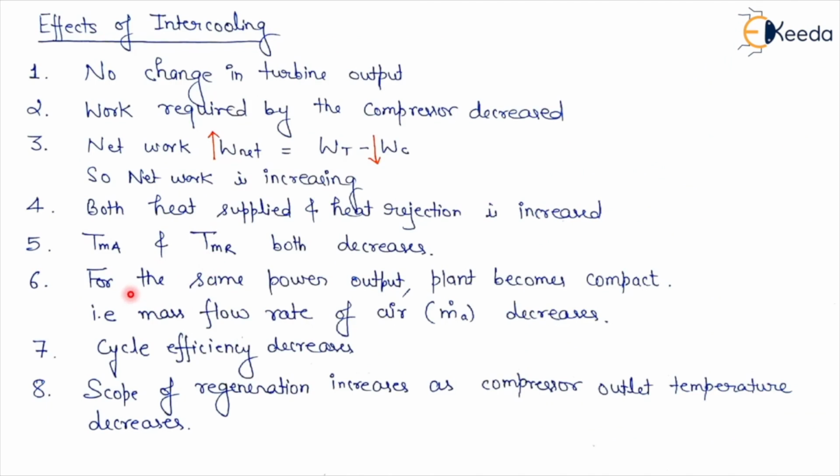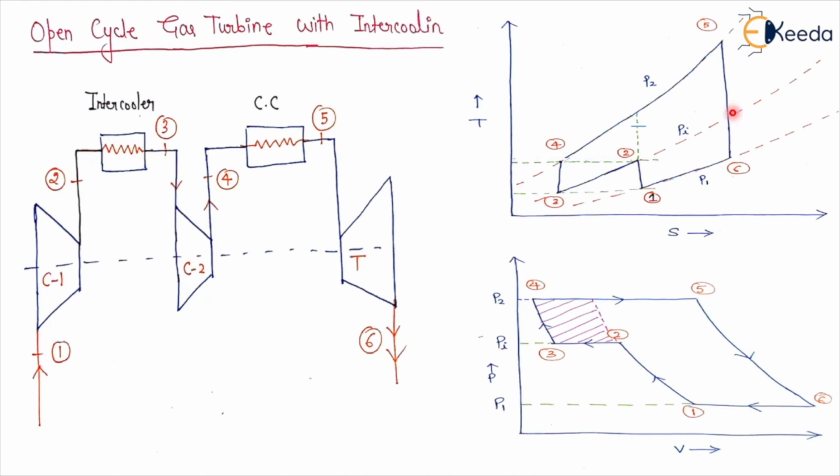Okay. For the same power output, the plant becomes compact. You see here, if I am getting the same power output, so without intercooler, this was the work input. Now in this case, this will be the work input if I use the intercooler, or if I say 1 to 2 work input plus 3 to 4 work input.